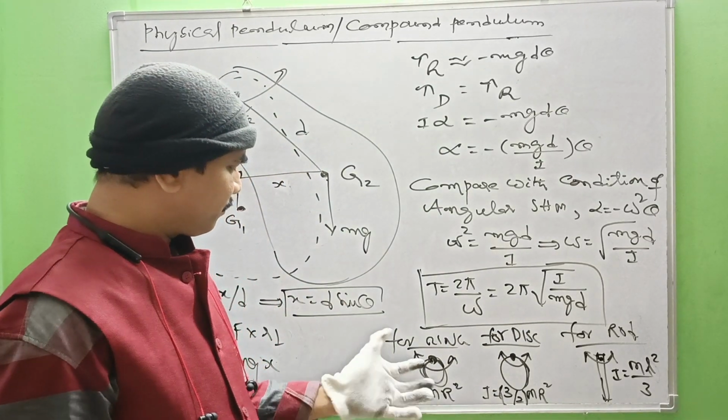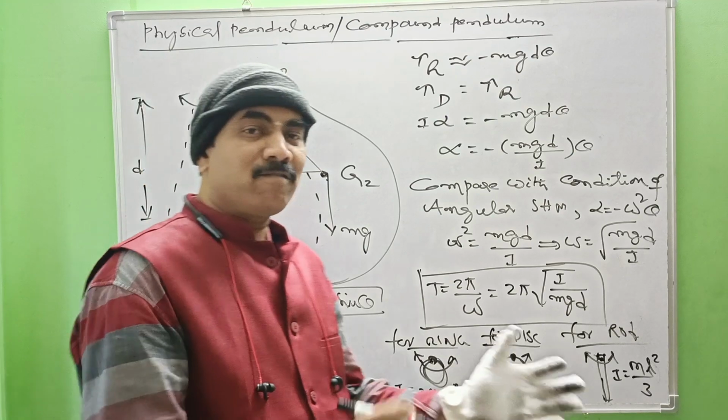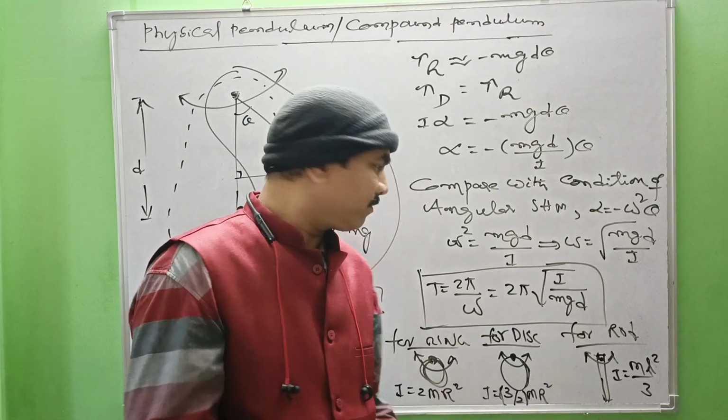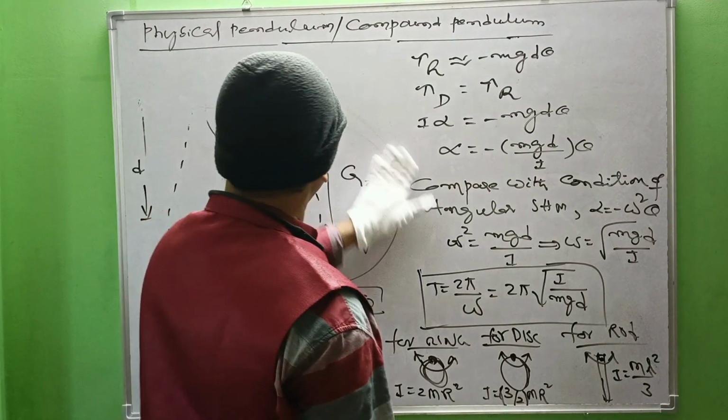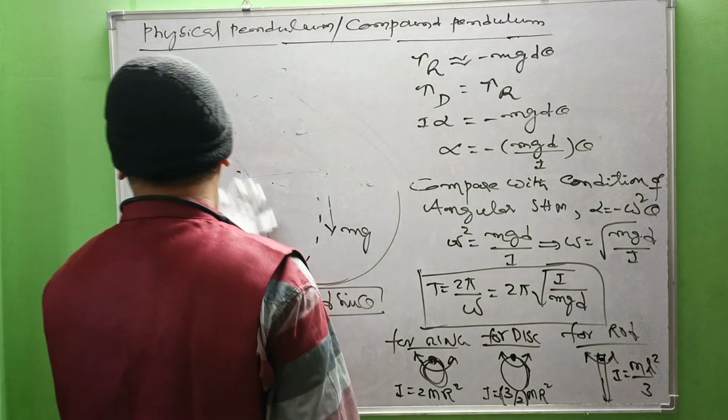Now I want to derive an expression for the period of oscillation of a half ring, which is very crucial as far as Advanced is concerned and also Mains is concerned, right?